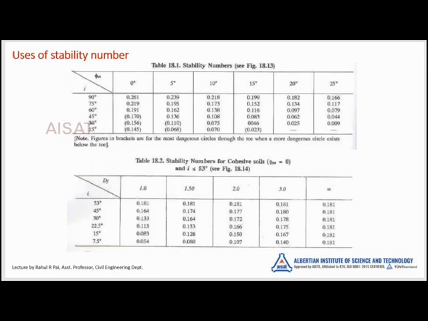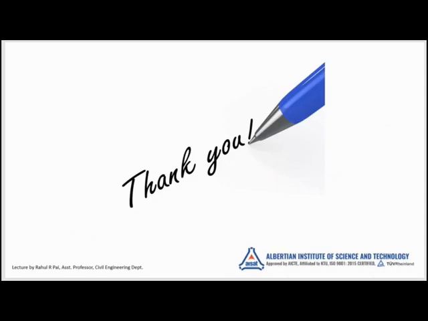So this is all about the aspects of types of slopes. We have discussed various types of slope failures, and also how to determine the factor of safety for a particular slope, and the relevance of stability number in slope stability. Okay, so that is the end of the lecture.